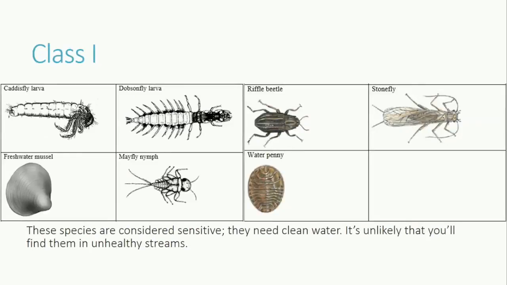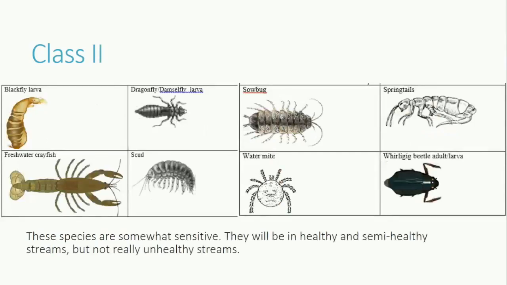First up, Class 1 species. These are the most sensitive macroinvertebrates. They need clean water with high levels of oxygen and minimal sandy sediments. Because they are very selective, it's unlikely you'll find them in unhealthy streams. Class 2 species are somewhat sensitive.